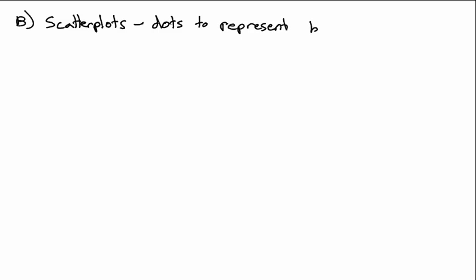We're going to look at how linear equations could be related to what are called scatter plots, where we use dots to represent bivariate data. Bivariate is just a fancy word. Bi means two, variate means variables.